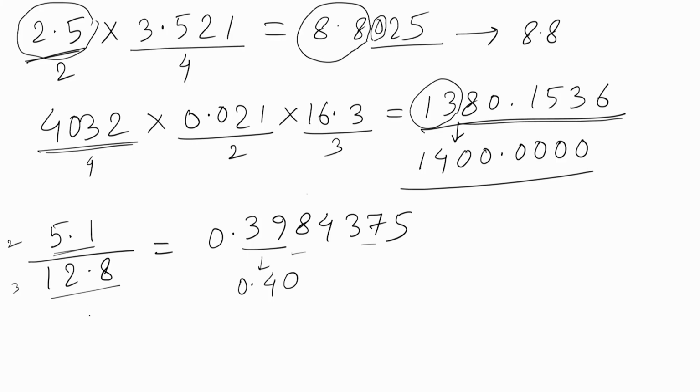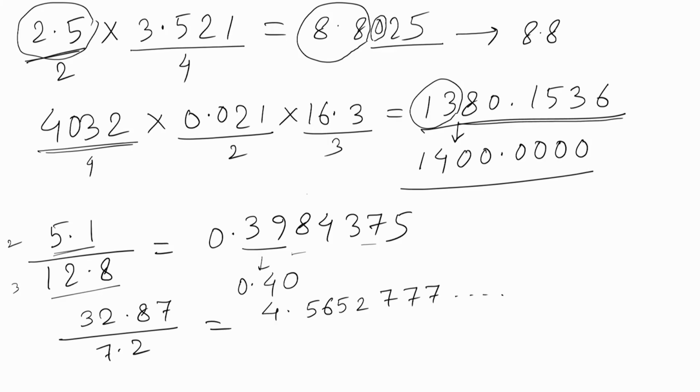Now we will see another example. 32.87 divided by 7.2. So we write the answer as 4.565277 and so on. Okay. So this number has two significant figures.